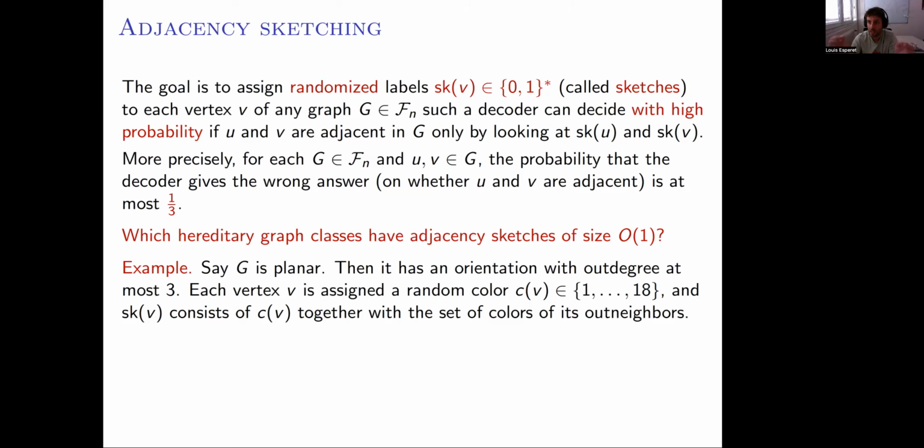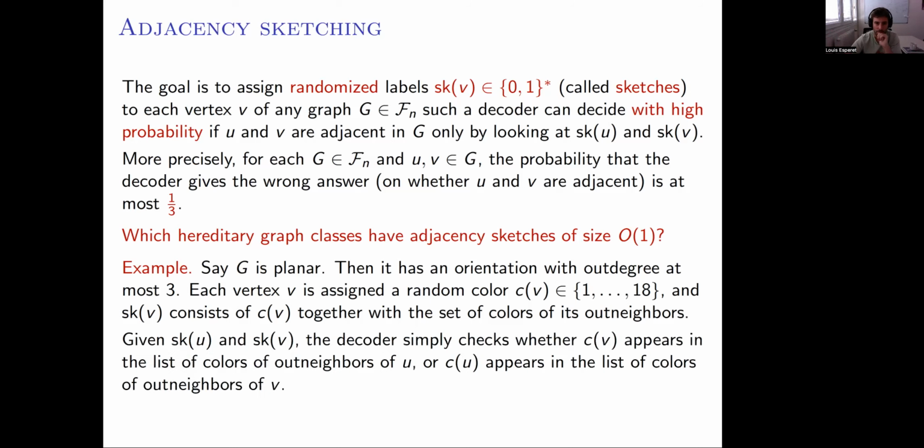The decoder will say they are adjacent. But if they're not adjacent, because of randomness, you have a very good probability that the color of U will not appear in the colors of the out neighbors of V, and vice versa. So there's a good probability that the decoder will say, no, these two are not adjacent. All right? So this is a fairly simple sketch for planar graphs.